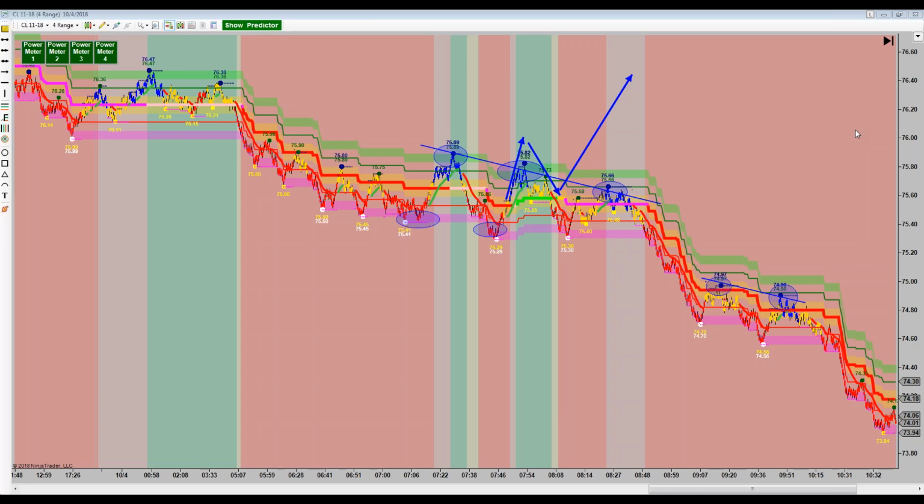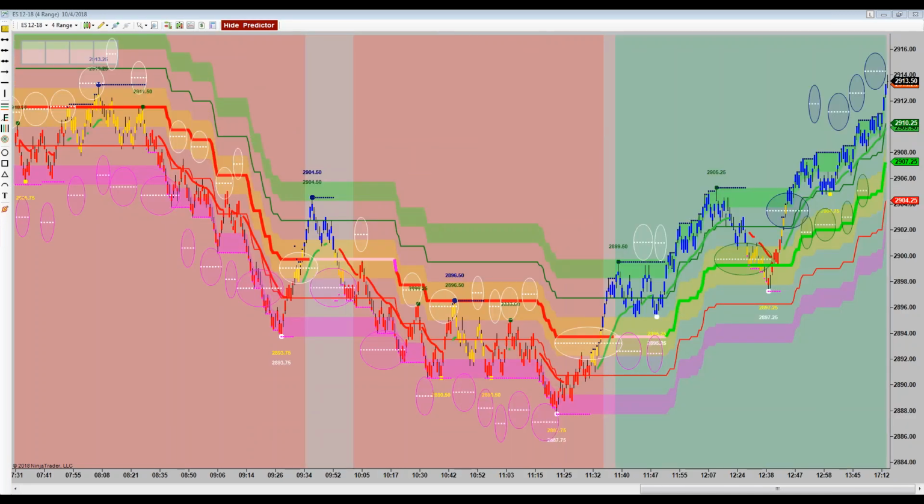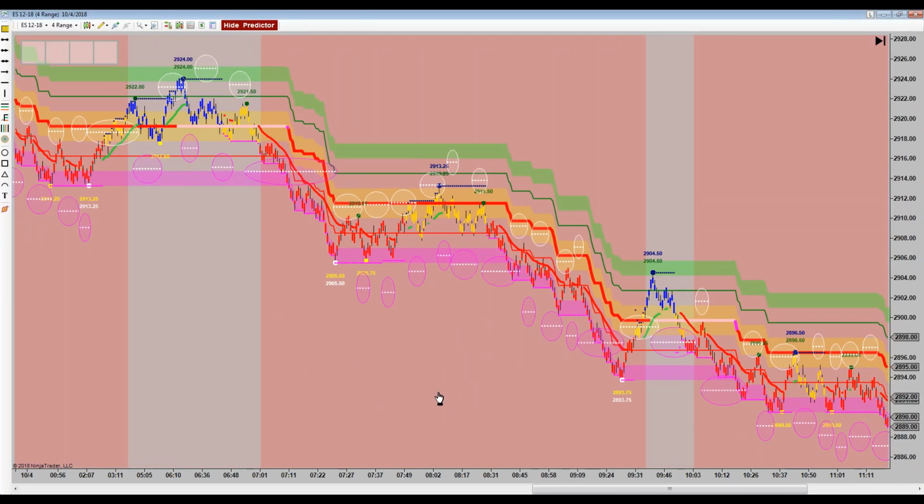Let me show a 4, and then I'll kick it down to a 2. Got another request for gold. So you can see over here is the open of the equity markets.